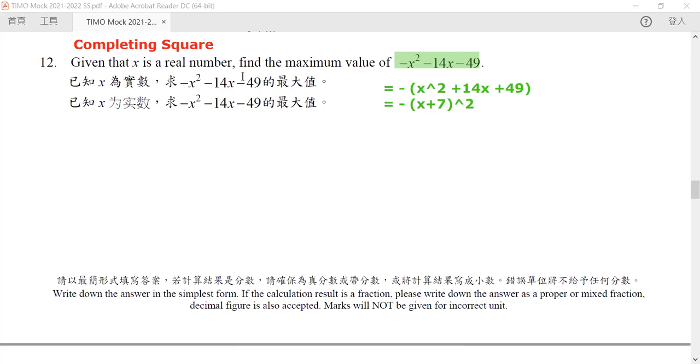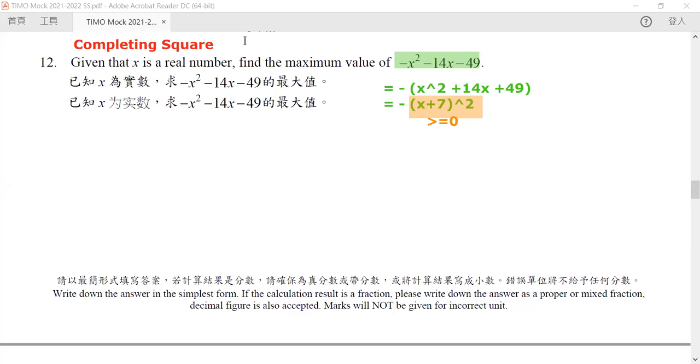Now, usually, if we have a square like this, this part is always going to be greater than or equal to 0. Whenever you have a number, no matter whether it's positive or negative, its square is always a positive number, unless it is 0. So the square is always going to be bigger than 0, unless the content within the square is equal to 0.